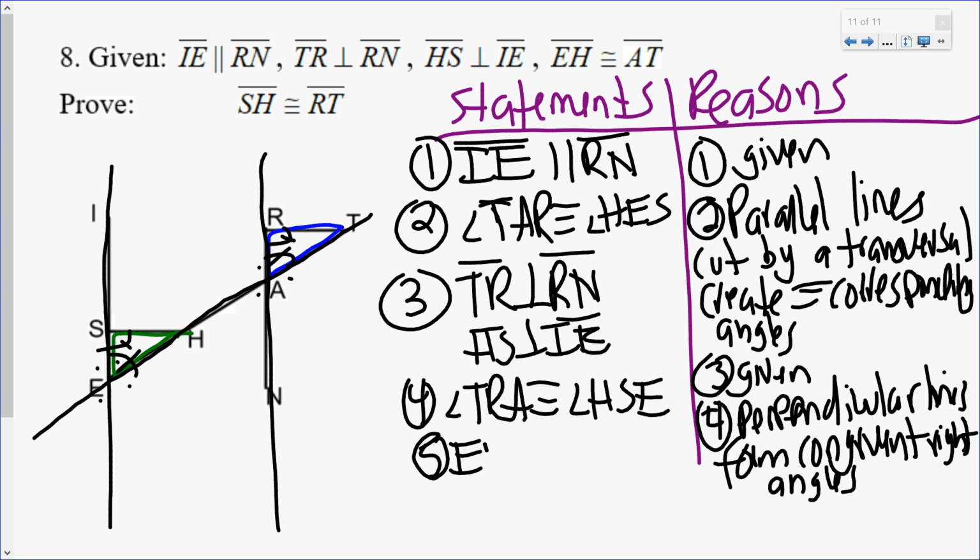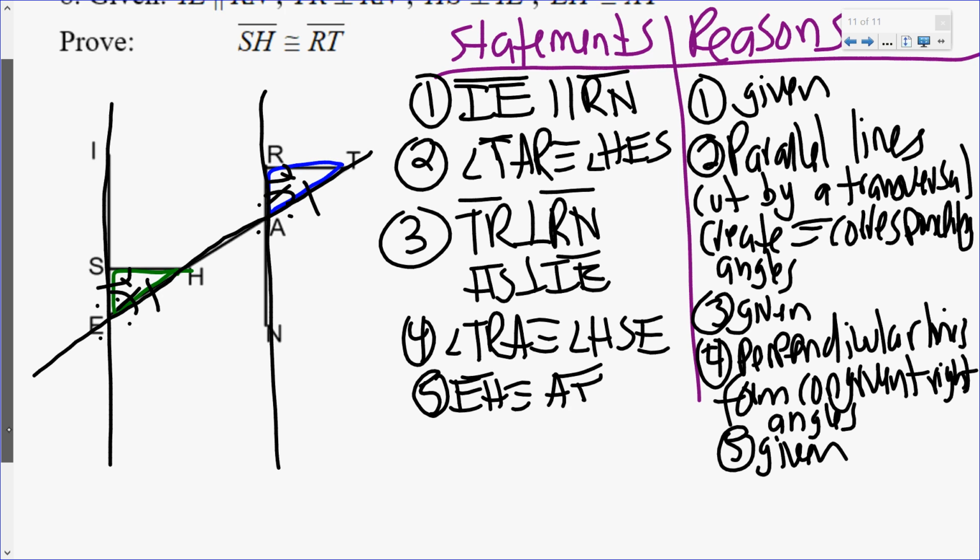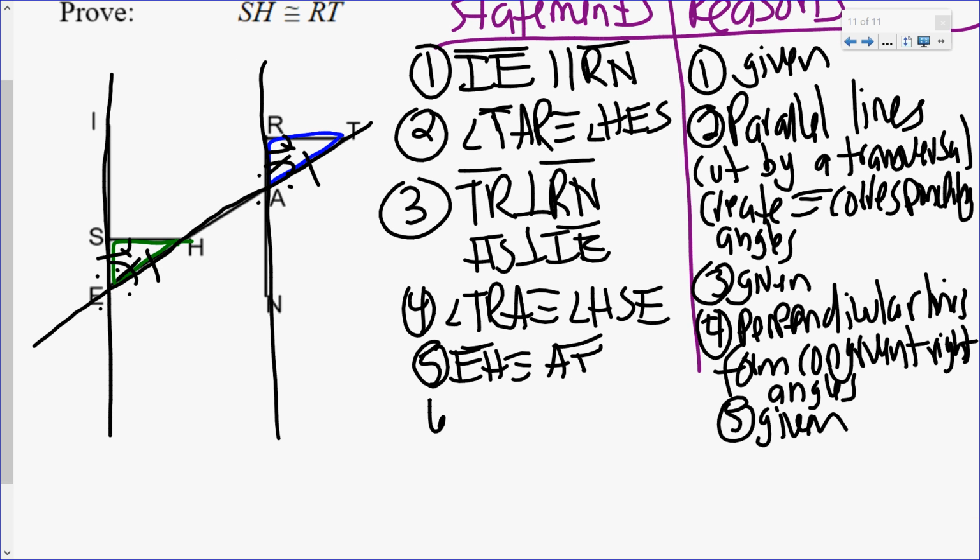I've got a gift. DH is congruent to AT. Given. Do I have my 3 pairs of things congruent? Yes. So now I can state the triangles are congruent. Again, I always want to prove triangles.